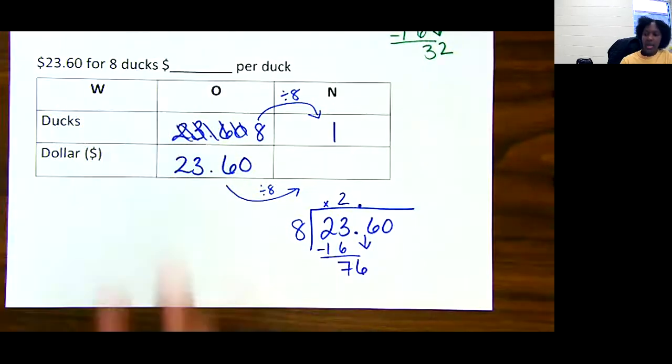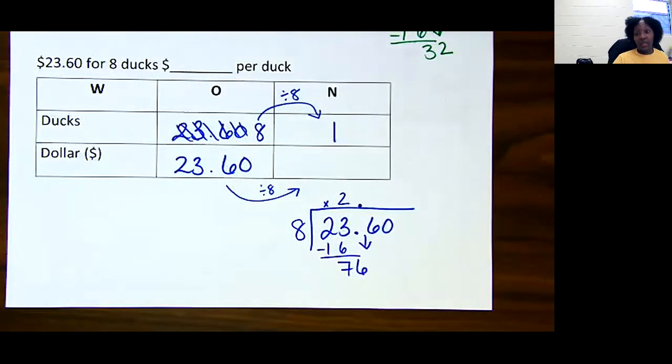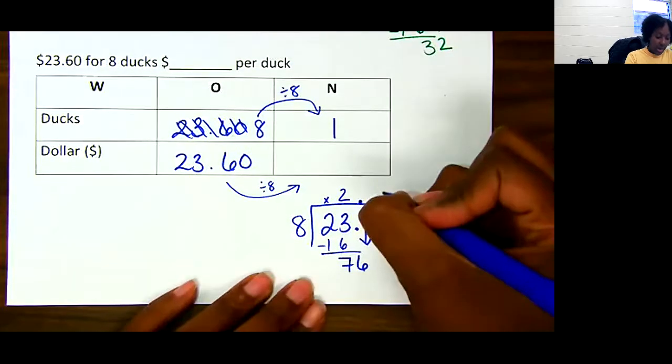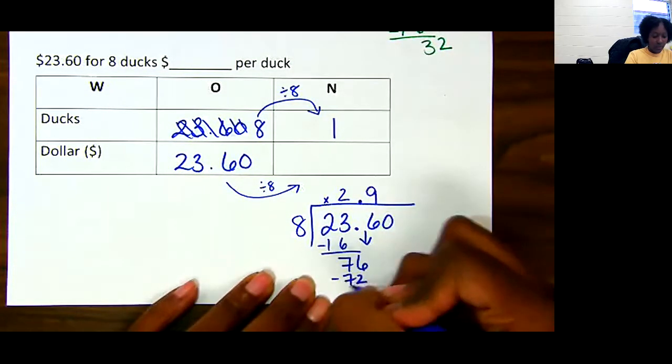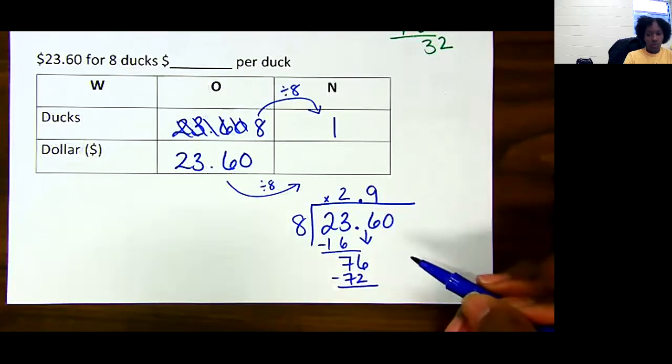What times 8 will give us 76 or close to 76? You said 9. I will agree with you. 9 times 8 will give us 72. 2, 3, 4, 5, 6.